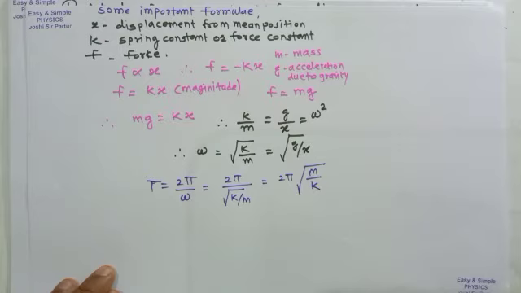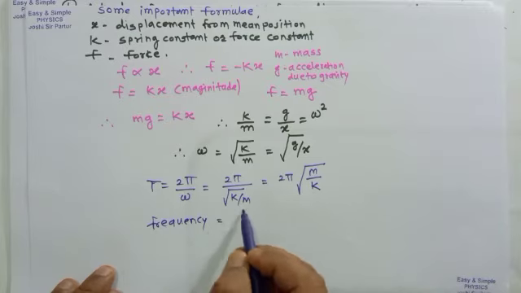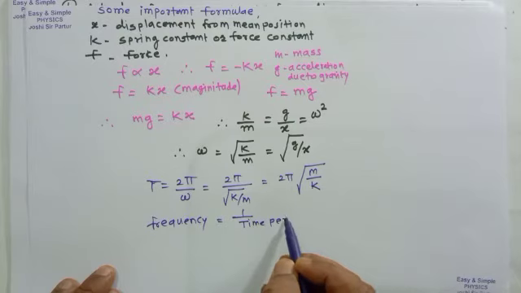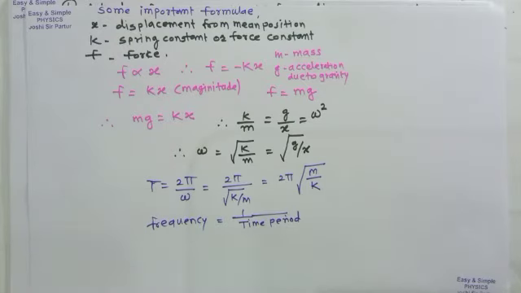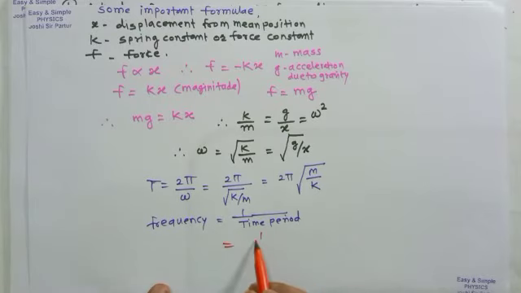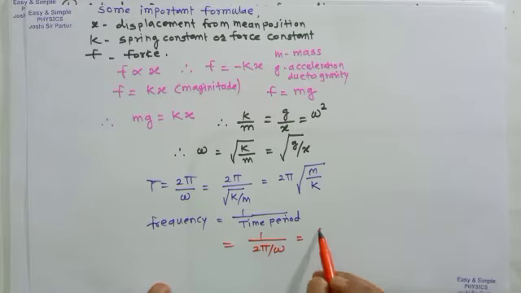But if we know frequency is reciprocal of time period, so therefore frequency will be 1 upon T, that is 1 upon 2 pi upon omega, which is omega upon 2 pi.